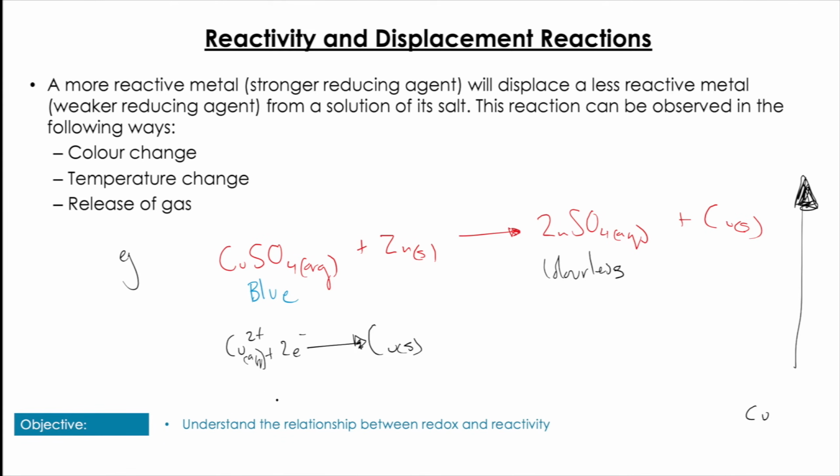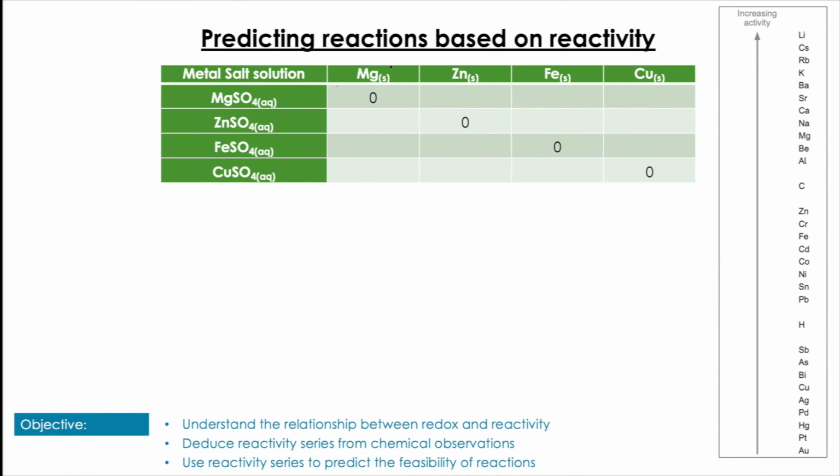And for the other half equation, we'll have zinc solid, which has an oxidation state of 0, goes to Zn2+, which of course is going to need 2 electrons to balance the charge of that half equation there. Now we could also then combine those to form the redox equation, just like we did in the previous lesson.